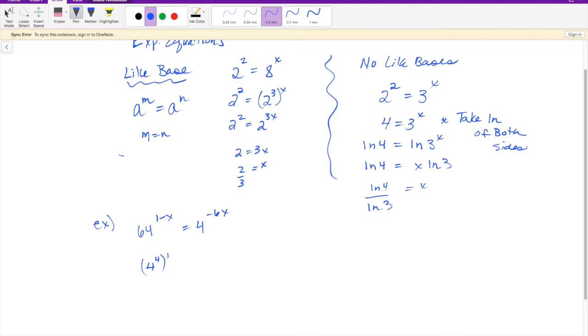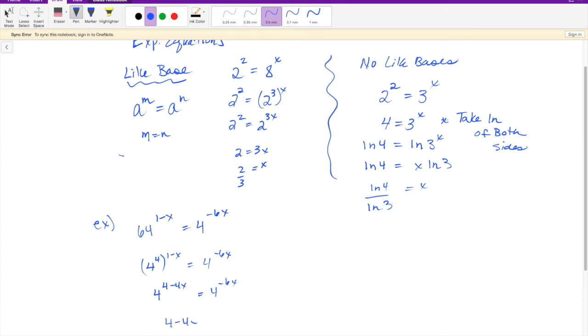So I have 4 to the 4th to the 1 minus x is equal to 4 to the negative 6x. So again, I'm going to multiply the exponents here. Don't forget to distribute. So this would be 4 to the 4 minus 4x is equal to 4 to the negative 6x.